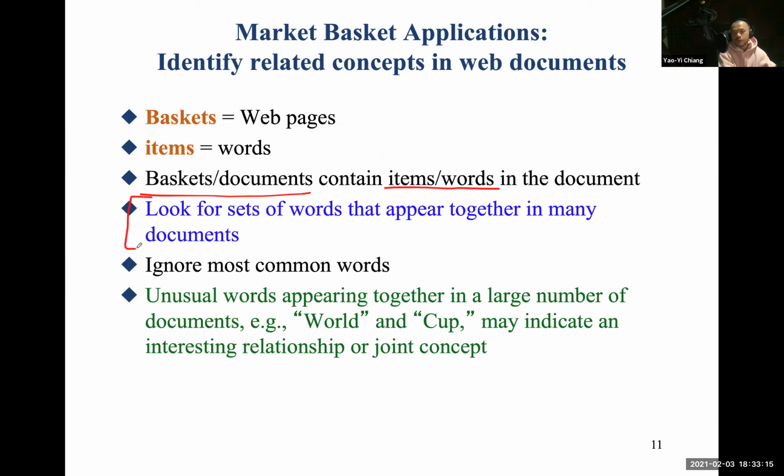This means we are going to look for sets of words that appear together in many documents, and this becomes some concepts. For example, if we look at the word world and the word cup, they appear very often together in many documents. We can infer there is a concept if you put them together, right? World Cup can be a concept if many documents contain world and cup appearing frequently.